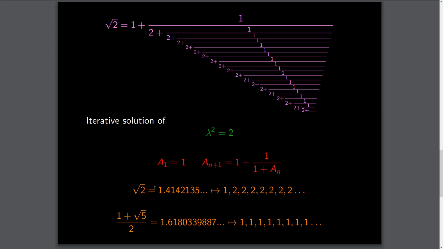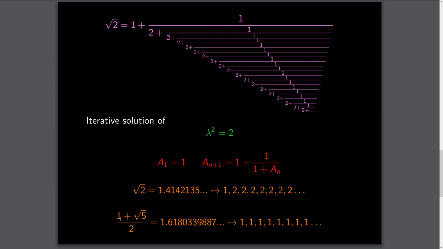Now, there is a conspicuous advantage of this representation. Actually, if you observe the decimal form of square root of 2, you can see that there is not much of a pattern. It ends up being pretty chaotic. But if you look at the coefficients, the members of this sequence appearing in this infinite continued fraction, 1, 2, 2, 2, 2, 2, you end up observing a pattern which you have not observed previously.